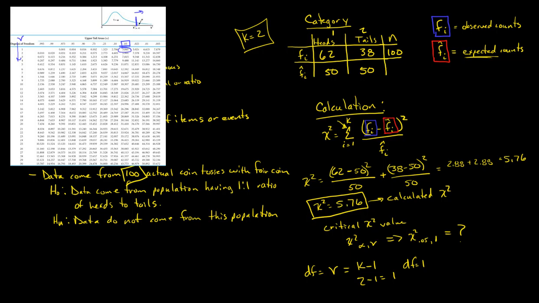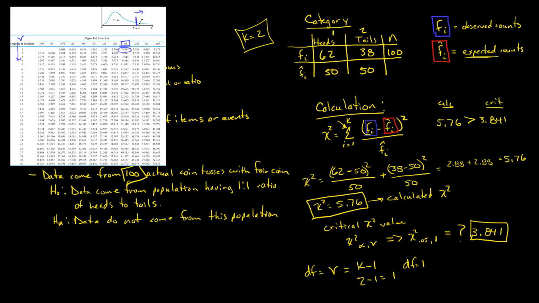So our critical chi-squared was 3.841. We set up the inequality where we say 5.76, which was calculated, was greater than 3.841, which was critical.